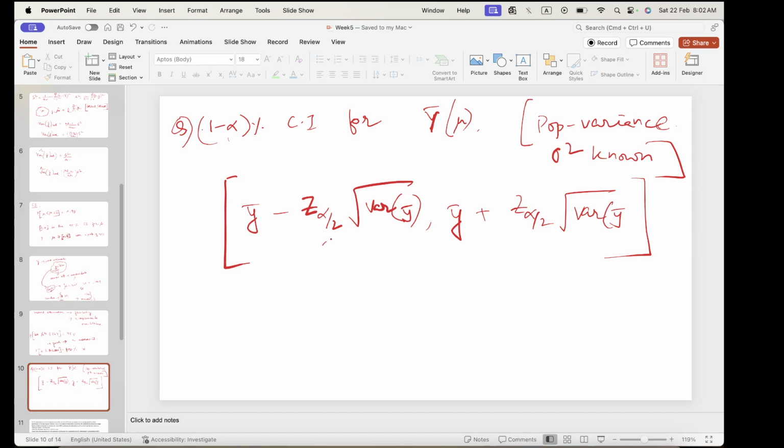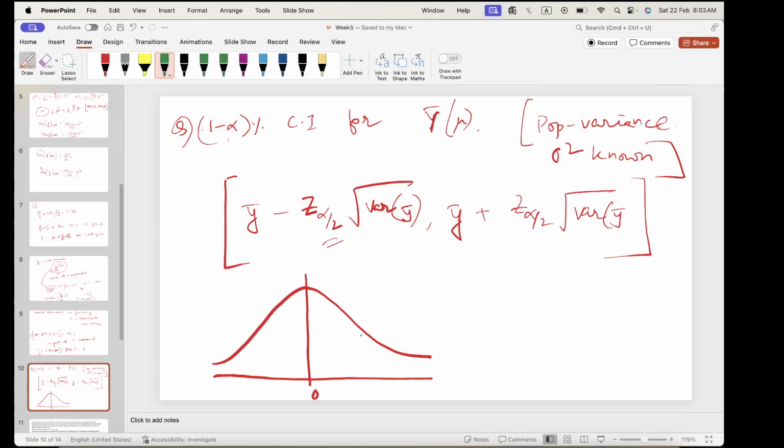Now what is this Z alpha by 2 term? This is how a normal distribution looks, a bell-shaped curve, with the center at 0, the mean of the distribution. Z alpha by 2 is that point on the x-axis.